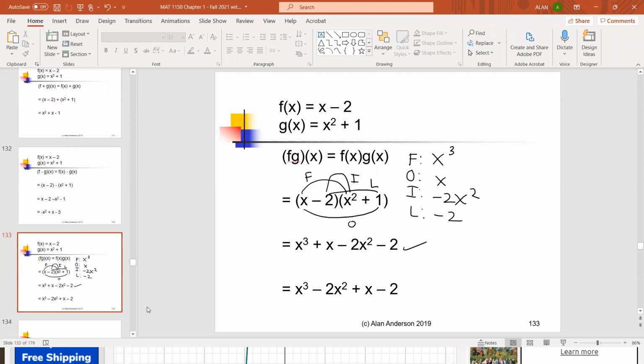And this is, of course, a cubic equation. In general, we'll see later on, this is a special kind of polynomial of degree 3, meaning that it has an x cubed in it, which is the same thing as a cubic equation.